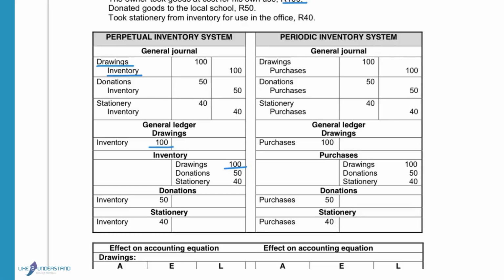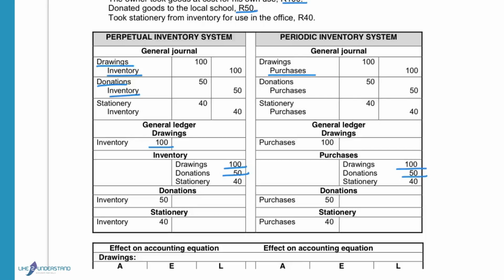In the periodic system, you will have to credit purchases because you want to reduce your expense for purchases because the goods are not sold at a profit. When goods are donated, you will debit donations and you will credit inventory to reduce the inventory in the business. In the periodic system, you will debit donations and you will credit your purchases account.